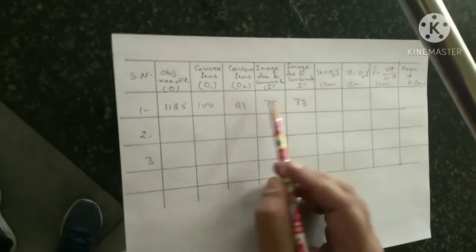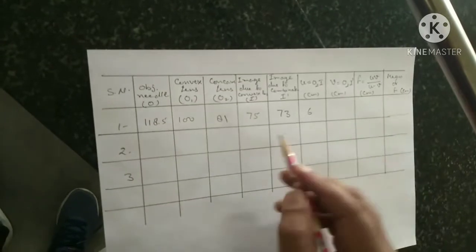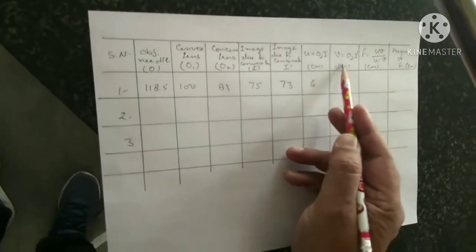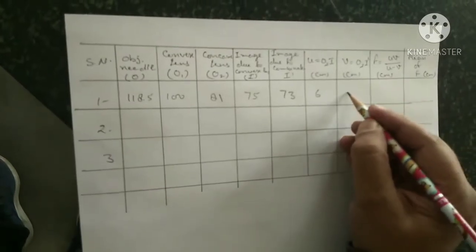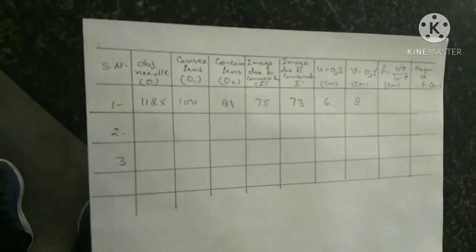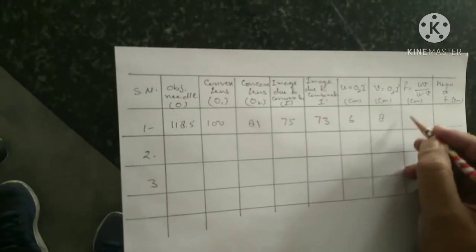So u is 81 minus 75, that is 6 centimeter, and v is 81 minus 73, that is 8 centimeter. Okay, we can calculate the focal length for the first set.